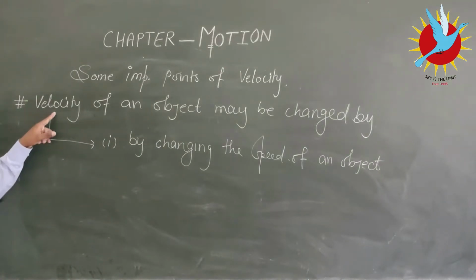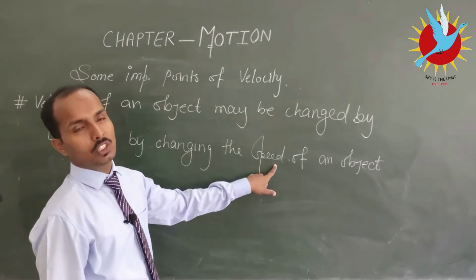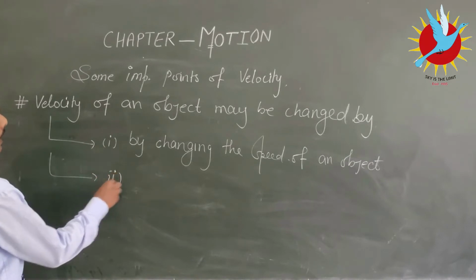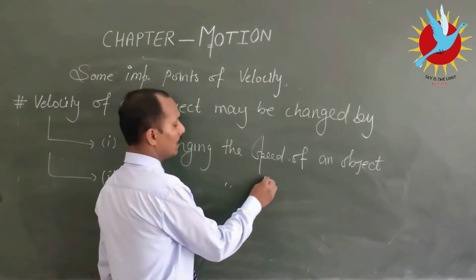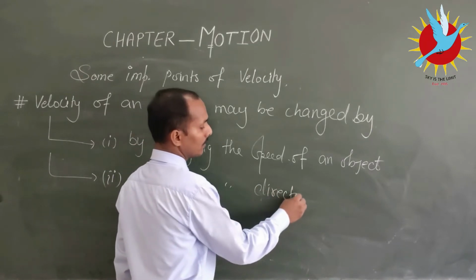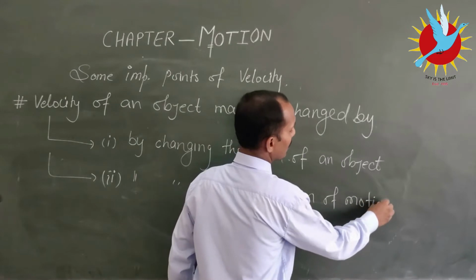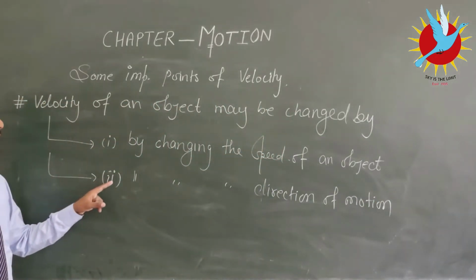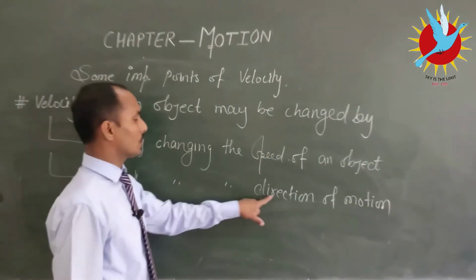You can say that velocity may be changed when the speed of an object changes. The second one is by changing the direction of motion of an object.